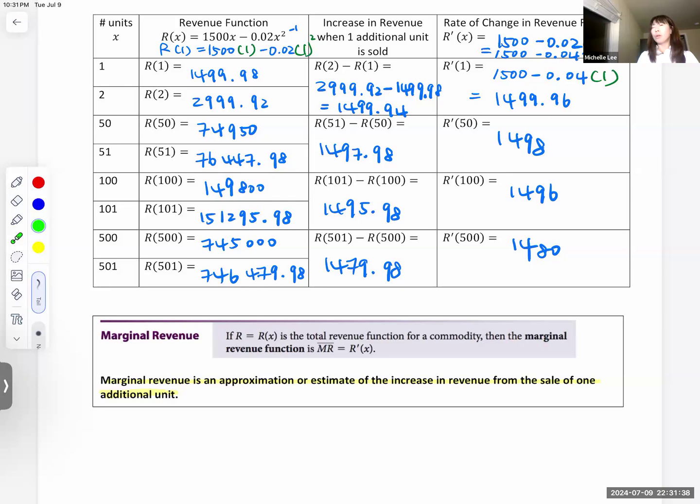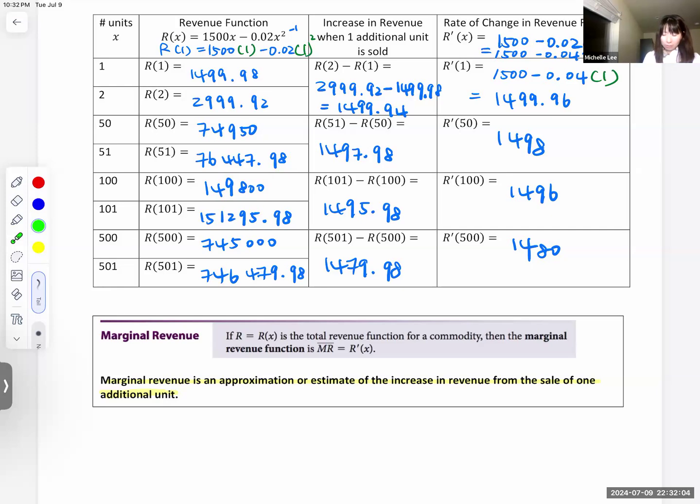Then we can add one more, right? Why do we want the derivative? Because we want to find the instantaneous rate of change, right? And what else? We want to know about the slope of the tangent line at the point. Now, we want to find marginal revenue, right?